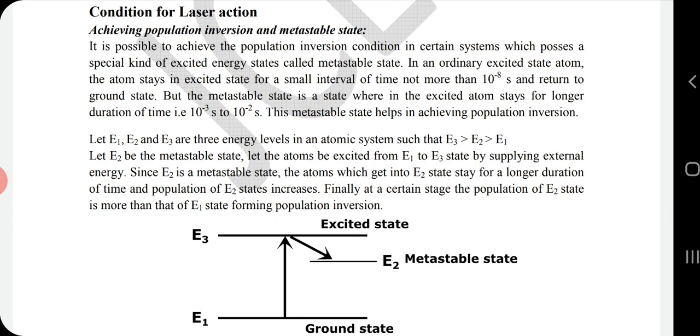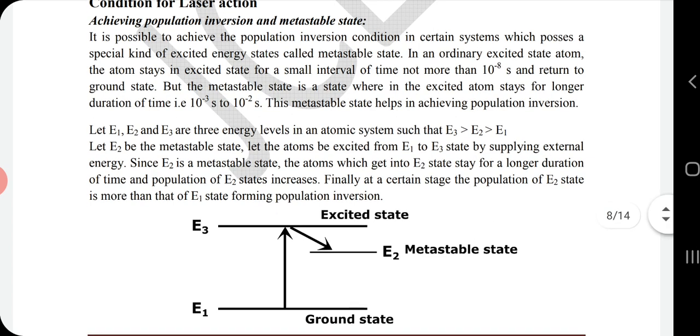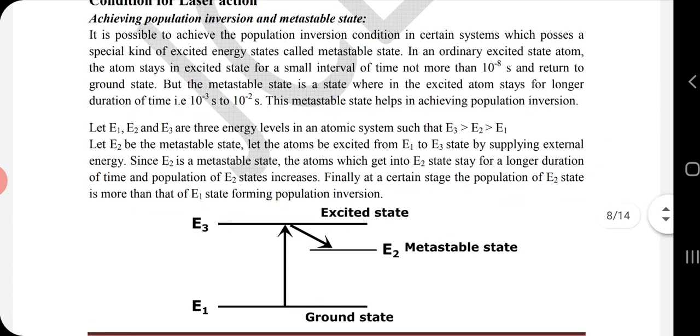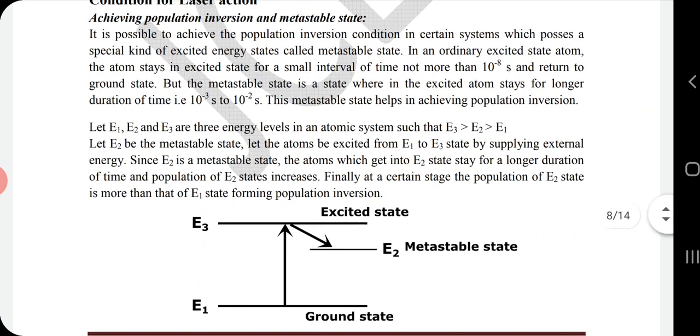For that we have to create the metastable state. We add some other material to create the E2 state, so that atoms stay there for a longer duration, and all the atoms are collected over here, and population inversion is achieved between the E1 state and the E2 state.